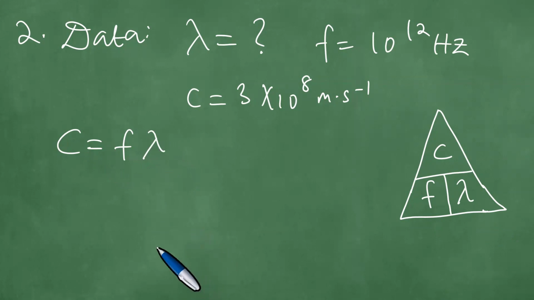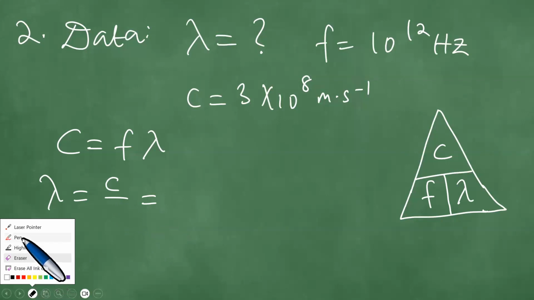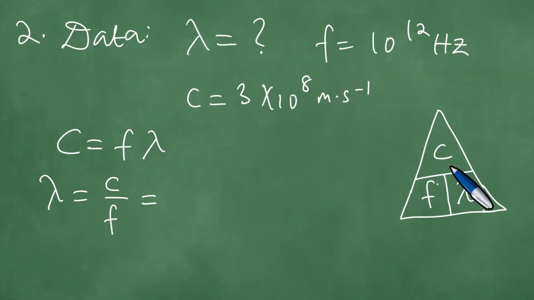So if we make wavelength the subject, what is the formula? Lambda equals C over F. Well done. So lambda equals C over F.